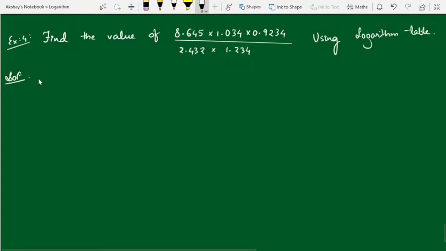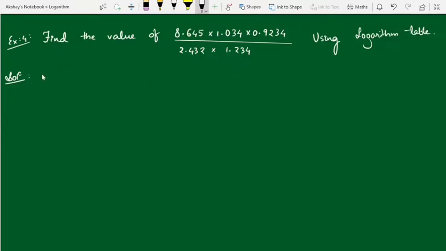So solution, how we can solve this? First write the given part, next apply log, apply the formulas, then see the log value, simplify it, then finally go for anti-logarithm value. So this is the procedure.